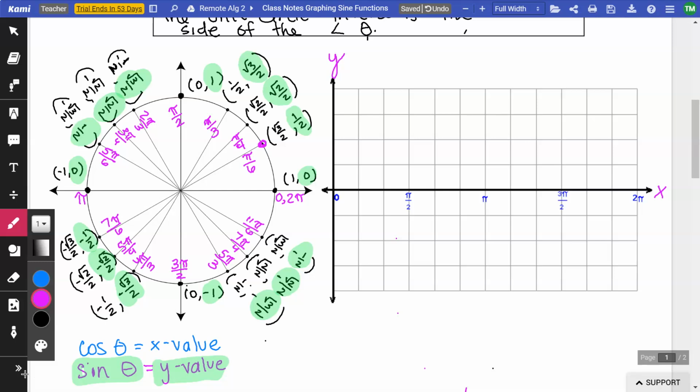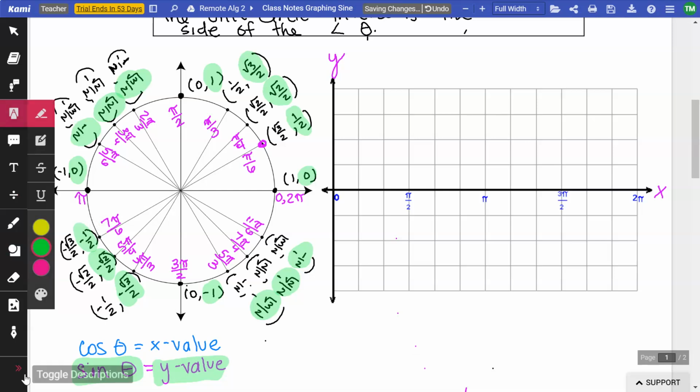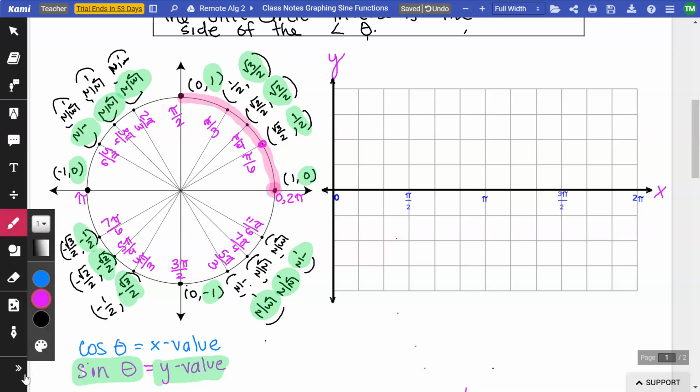If you think back to our Ferris wheel problem and how we started with our little car on our Ferris wheel, and then we move the Ferris wheel counterclockwise, the highest we could go on that Ferris wheel is the radius of the circle. So the highest height we're going to have on this circle is 1.